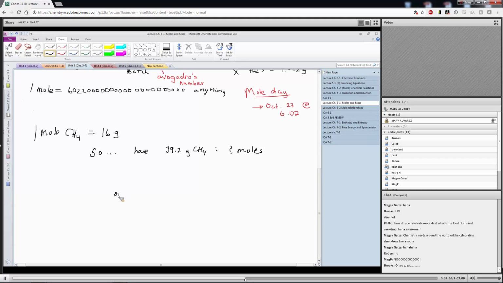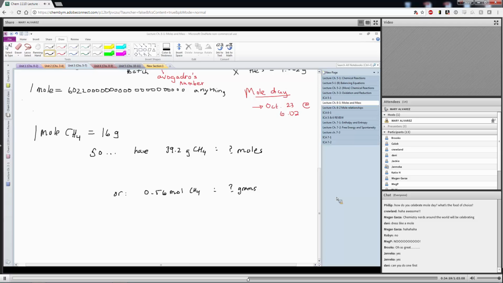Or if I told you that I had 0.56 moles of CH4, could you tell me how many grams that is? You guys could do both of these. It's dimensional analysis, so remember you're going to set this up to get rid of the units you don't want and to get the units you do want, okay?